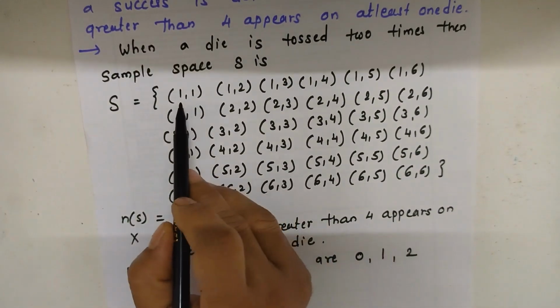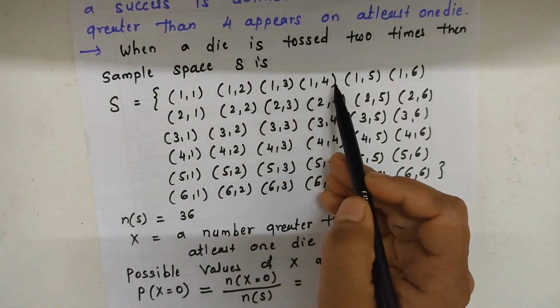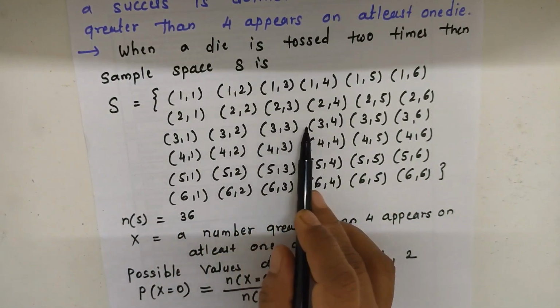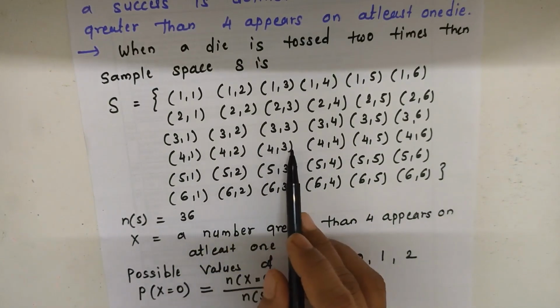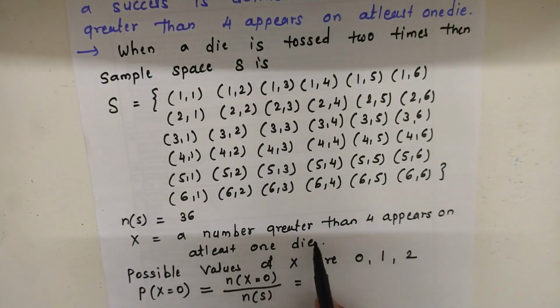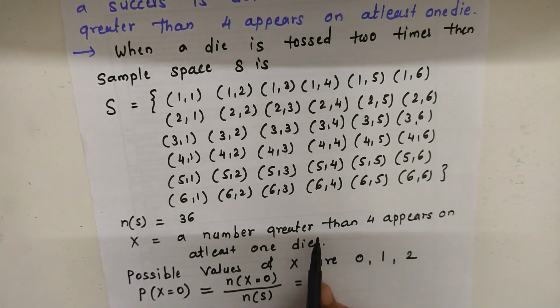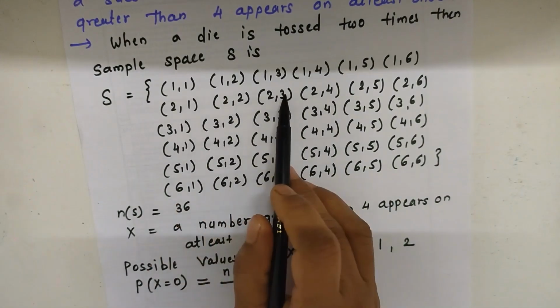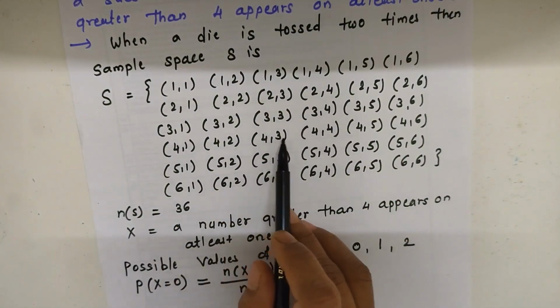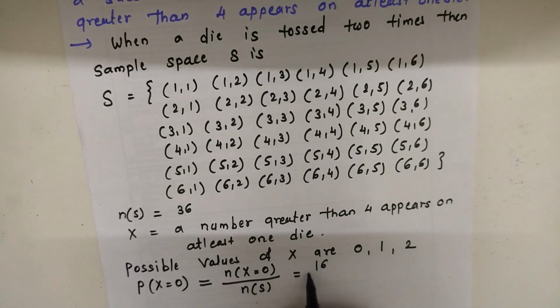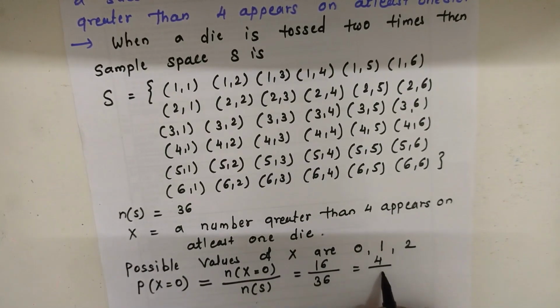Such pairs are 1 1, 1 2, 1 3, 1 4, 2 1, 2 2, 2 3, 2 4, 3 1, 3 2, 3 3, 3 4, 4 1, 4 2, 4 3, 4 4. None of these shows a number greater than 4. The total number of these pairs is 16. So the probability for X equal to 0 is 16 upon 36, and in shortest form it is 4 by 9.